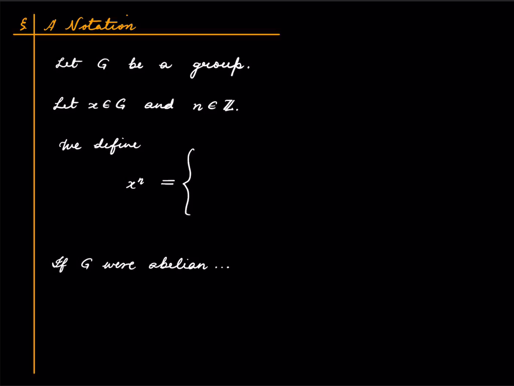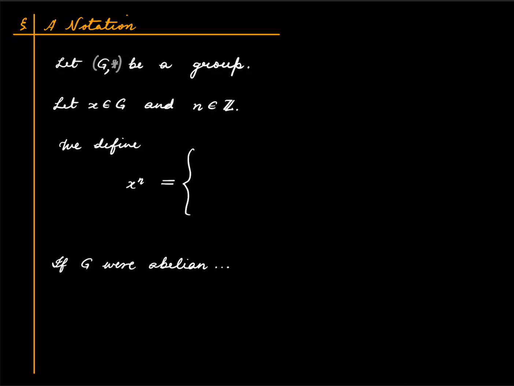Instead of writing G comma star be a group, we suppress this. So this is kind of hidden, the binary operation. Unless we need to make it precise, if there are 2 different binary operations that we are considering on the same set, there is no need to really mention this. Even instead of writing a star b, we just write ab.